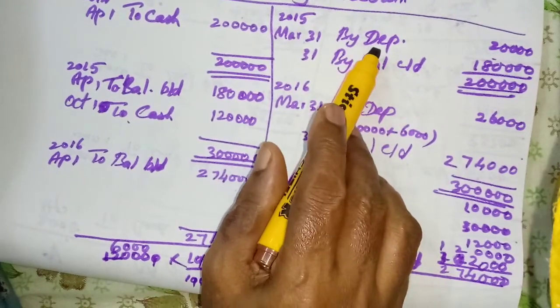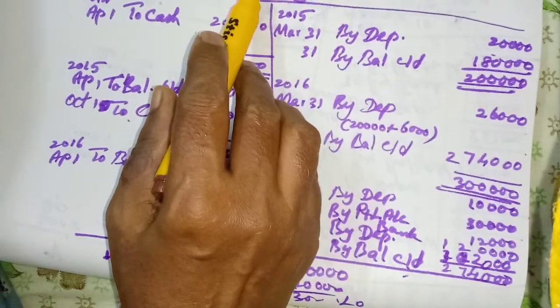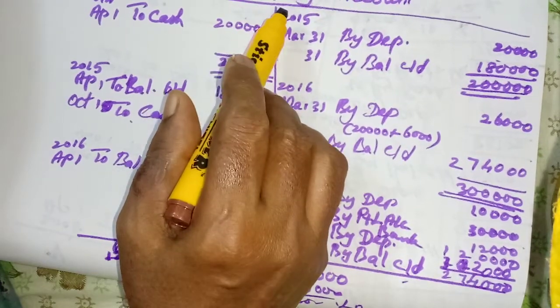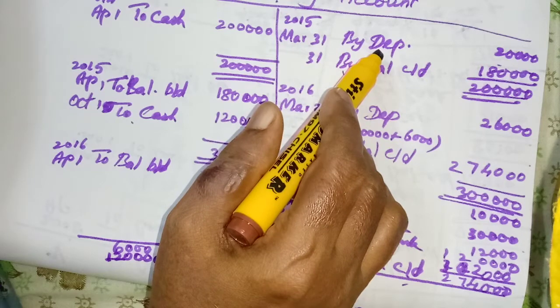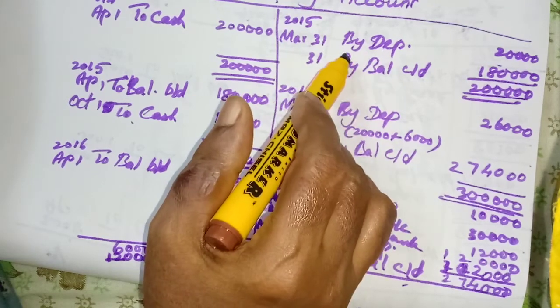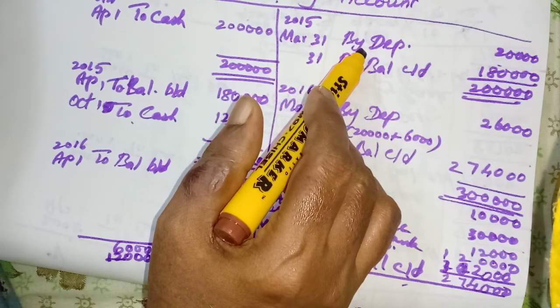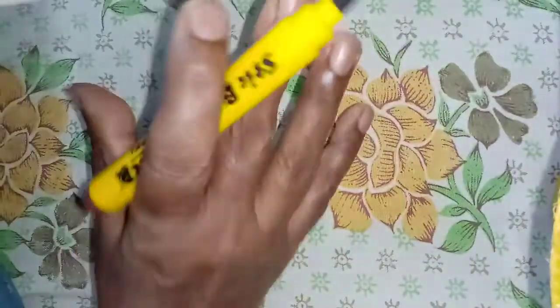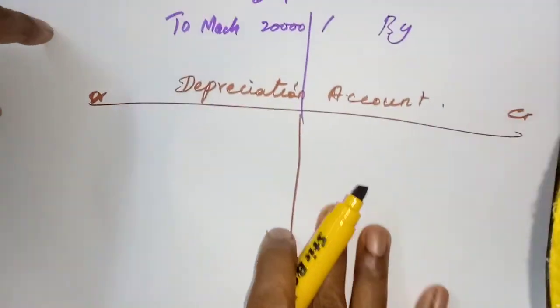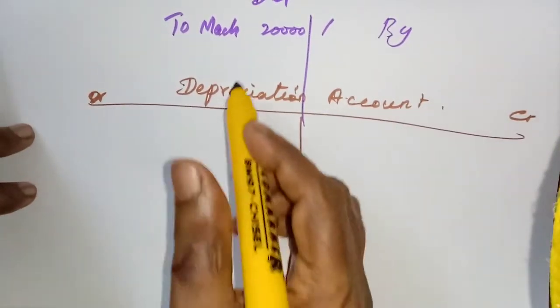First one, depreciation account debtor to machinery. Then this depreciation will be transferred to profit and loss account. Second entry, profit and loss account debtor to depreciation. So first, this 20,000 amount we will write.